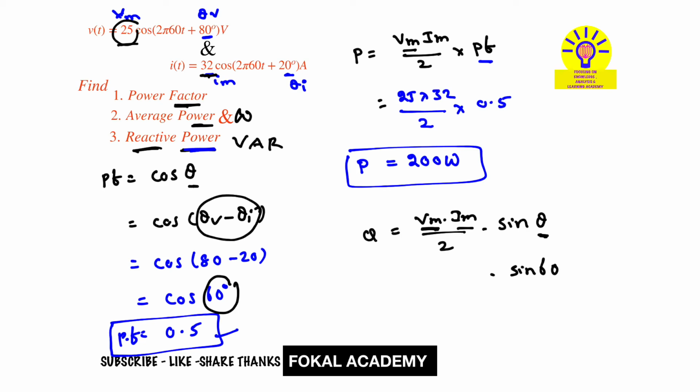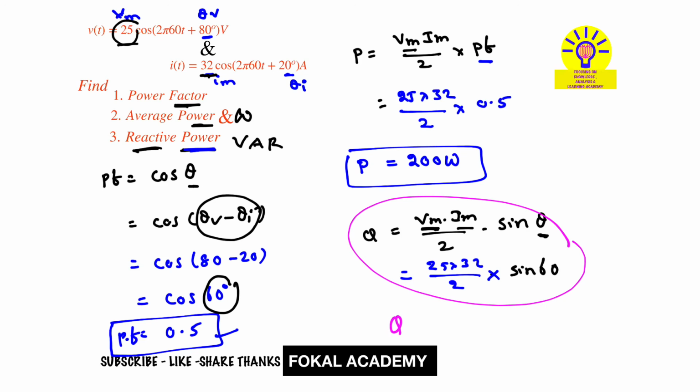Now substitute here, it becomes 25 into 32 divided by 2 into sin 60. By simplifying this we will get reactive power Q equal to 346.4102 var.